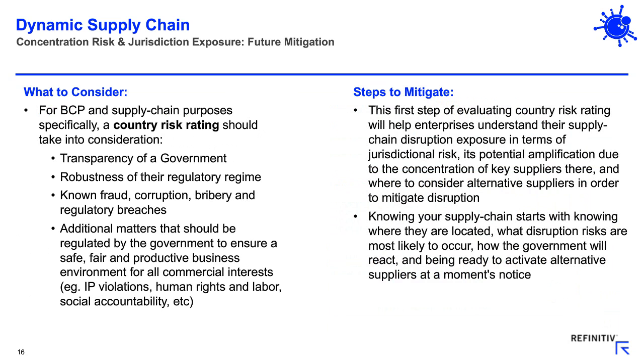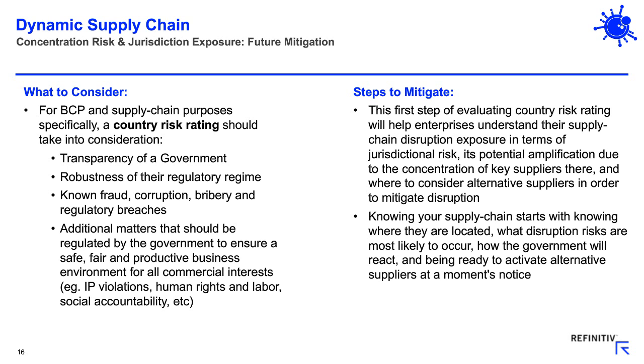So specifically, what should you consider about a jurisdiction when considering your supply chain? From a high-level consideration, you're starting to review all your suppliers. You've mapped them out. You're starting to understand the jurisdictions they're in and the concentration risk that comes with that. Within your BCP or supply chain process, ideally you should apply a country risk rating.